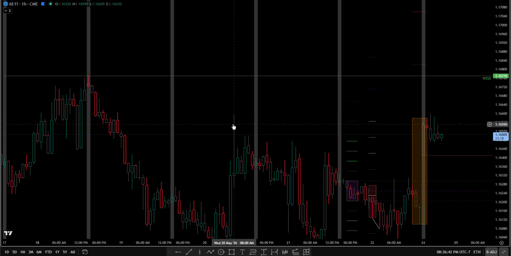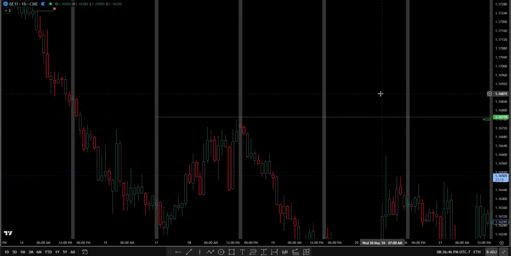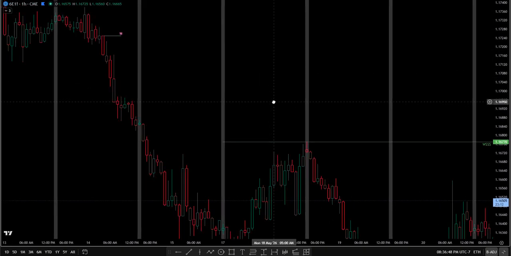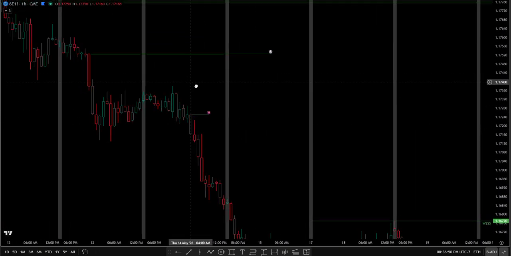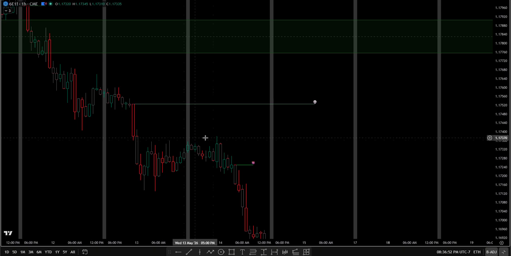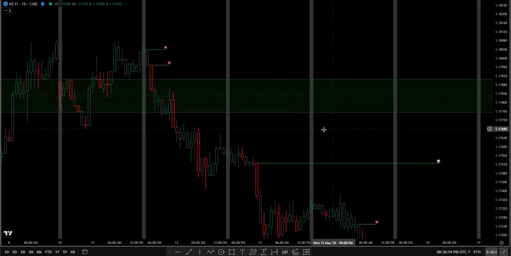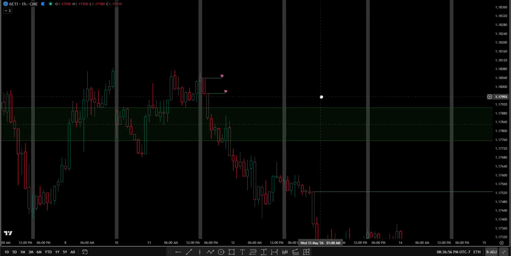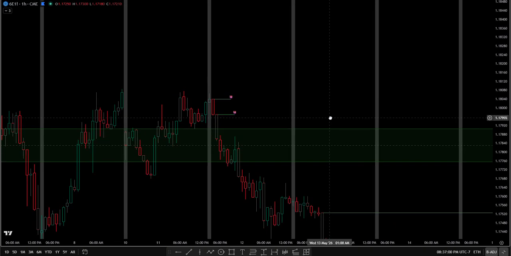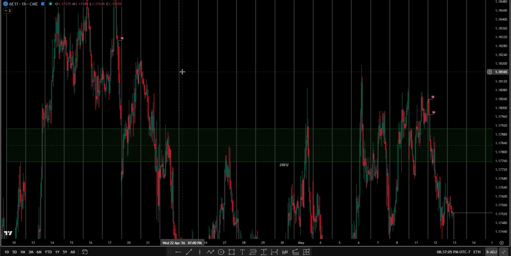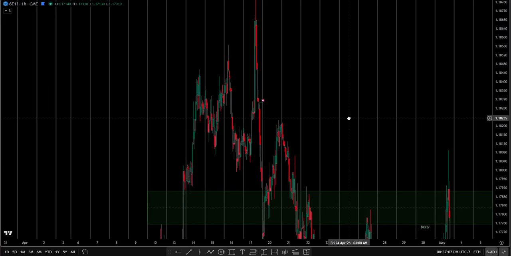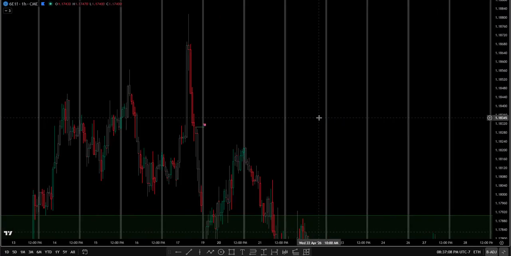Here we go, up there almost clear this high, but we don't. This is the weekly sell side, weekly buy side. Right here we have the SMT. You remember that? But there's nothing. I don't see anything.